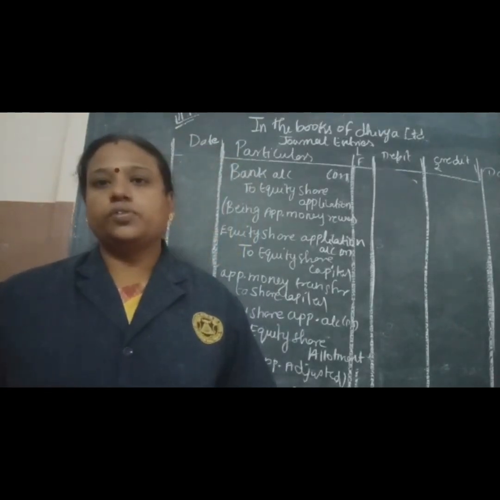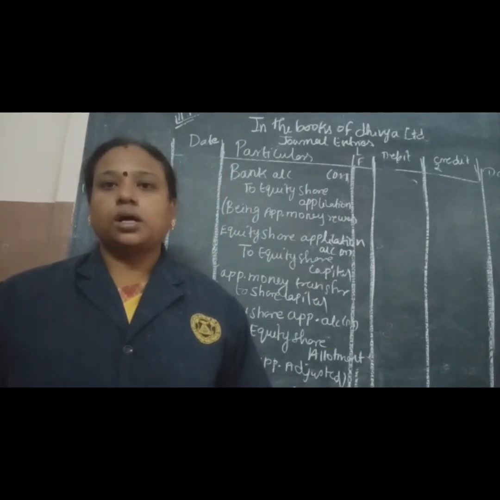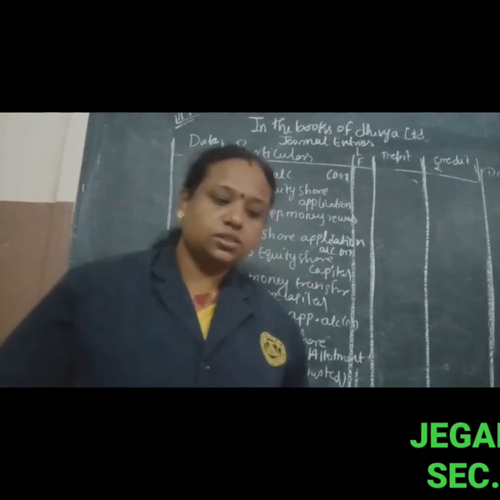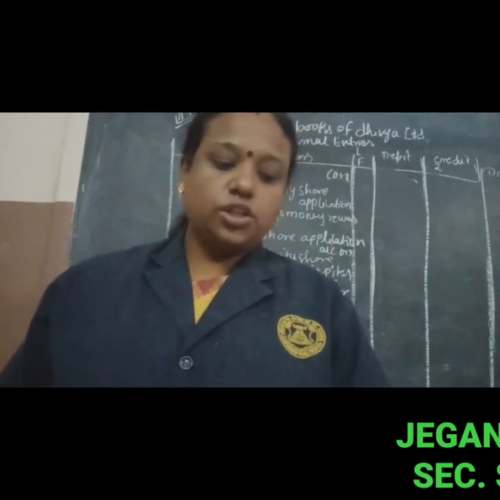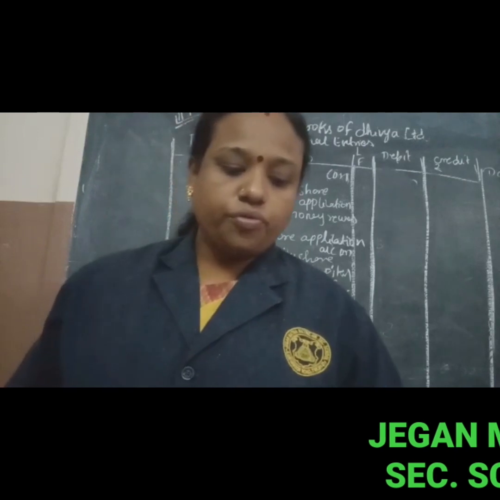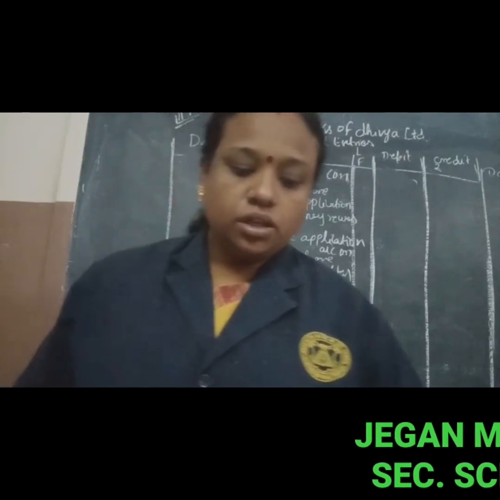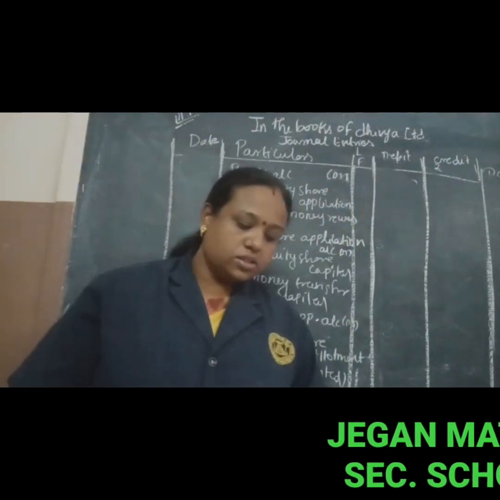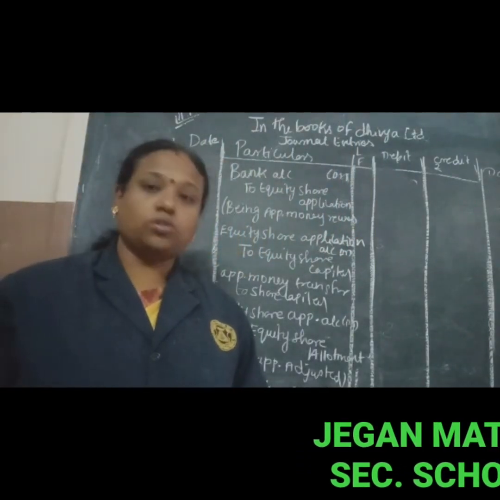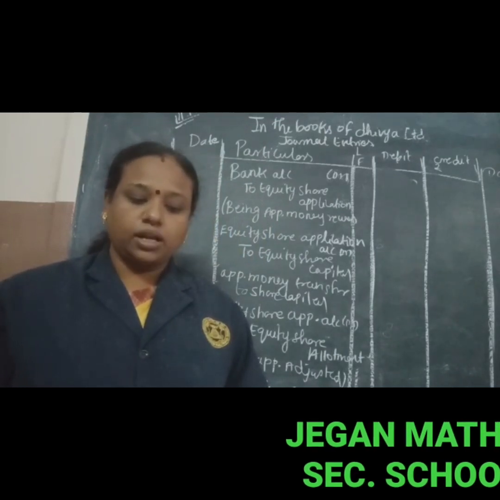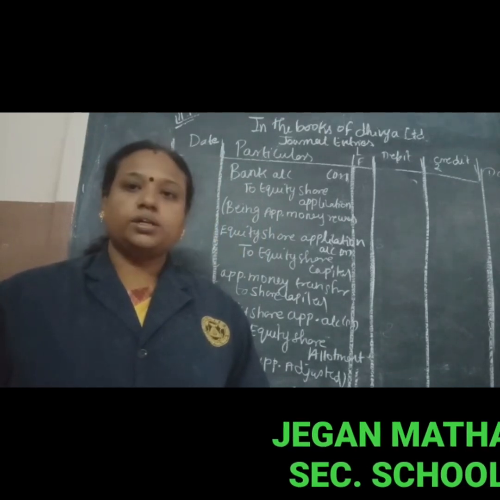In this video, we are going to discuss unit 7 company accounts, sum number 17, illustration number 17. Divya Limited allotted 10,000 equity shares of rupees 10 each at a premium of 2 per share to applicants of 14,000 shares on a pro rata basis. The excess application money will be adjusted towards allotment money.